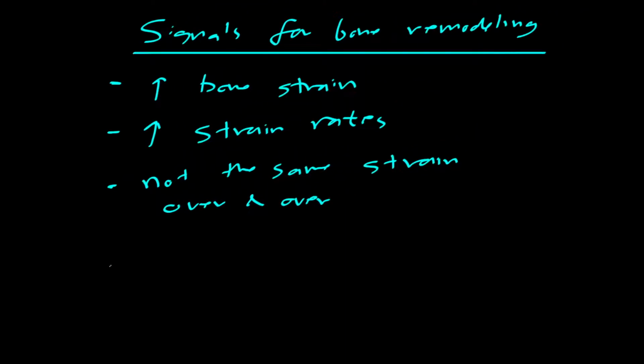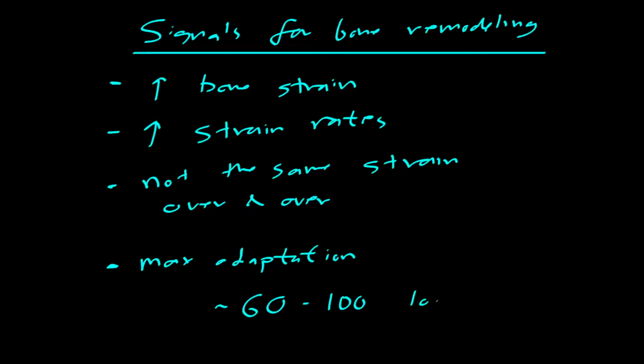One other point to this that comes out of animal research is that to induce a max adaptation, meaning to get the strongest signal to tell your body, hey, we really need to upregulate bone remodeling, it only takes about maybe 60 to 100-ish loading cycles per day.